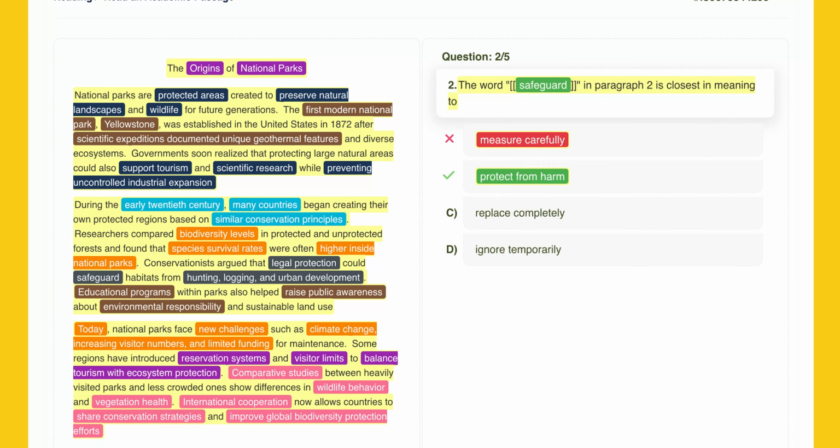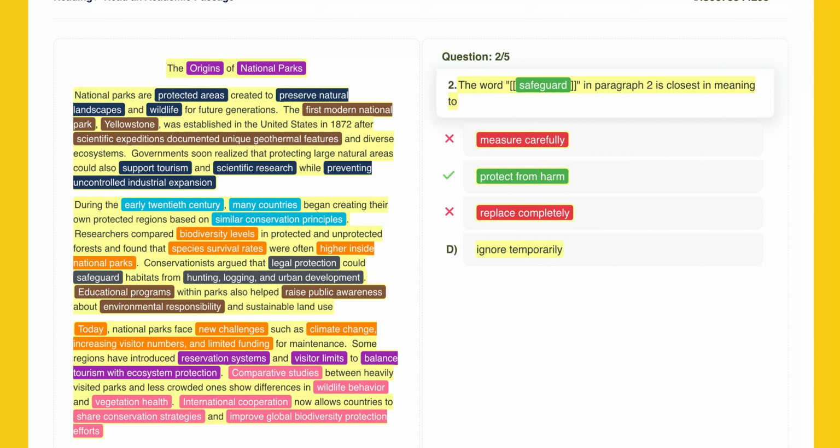Now, let's take a closer look at option C, replace completely. Option C suggests replace completely. Legal protection does not replace a habitat, it keeps it as it is. Therefore, this is incorrect. Now, let's take a closer look at option D, ignore temporarily.